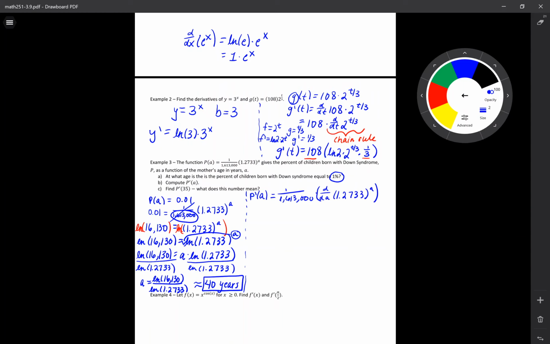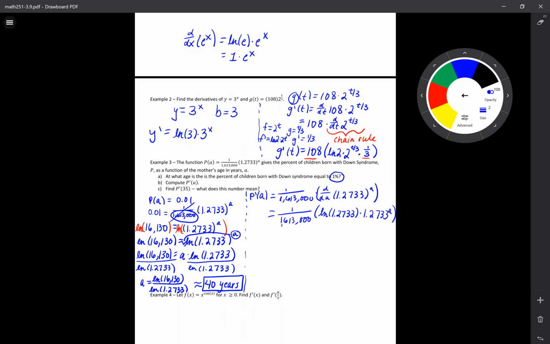And then according to my rule here, since I have the derivative of something raised to our variable, the derivative of this expression is equal to the natural log of 1.2733 times 1.2733 to the power of a.